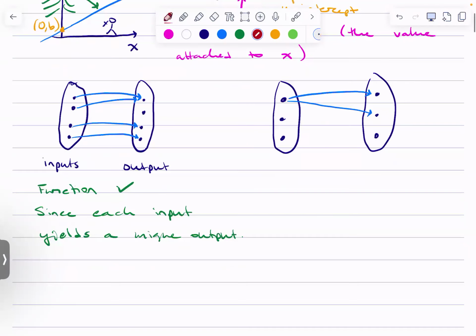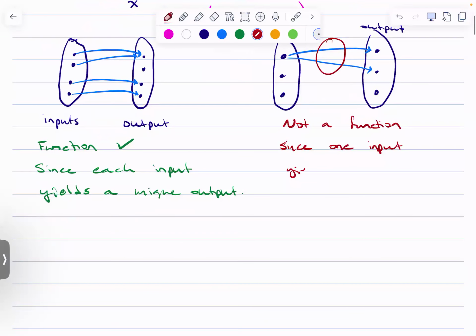And so here, right away, this is not a function, since one input yields 2 possible outputs. Oh, and I'm realizing I forgot to label these. I'll put it here. Hopefully it was obvious. Input, output. Since one input yields 2 outputs.